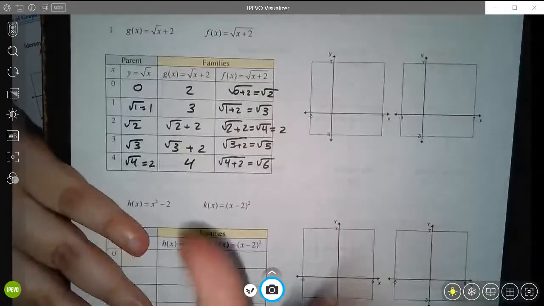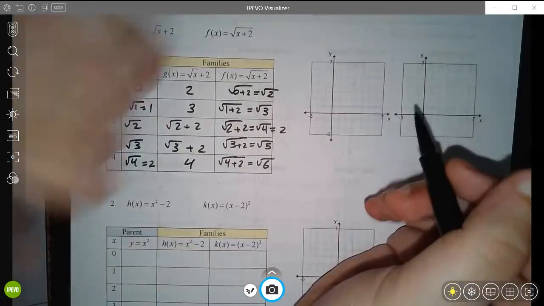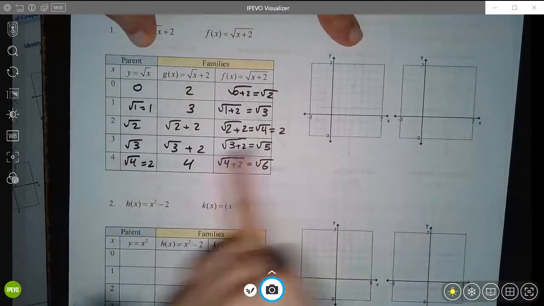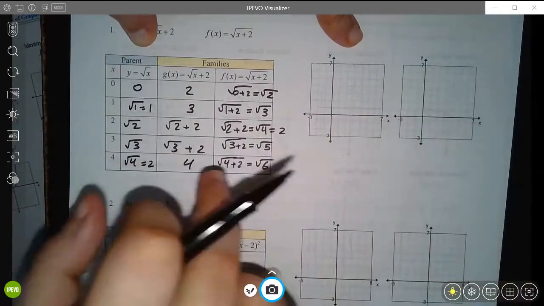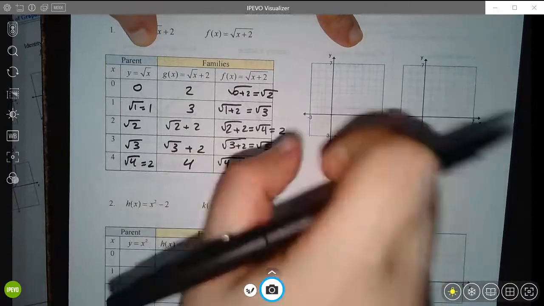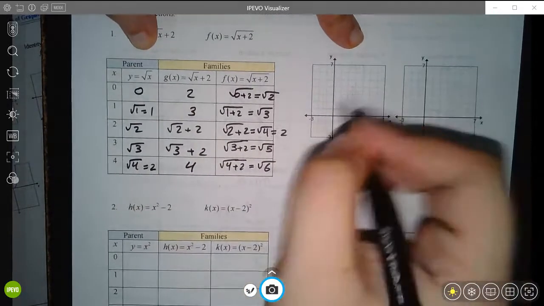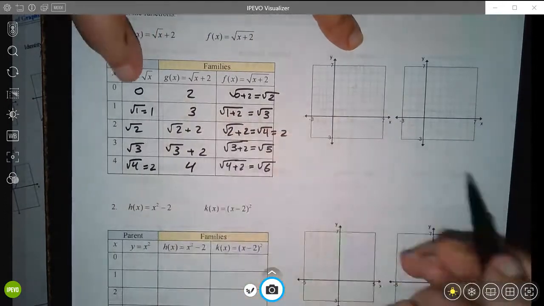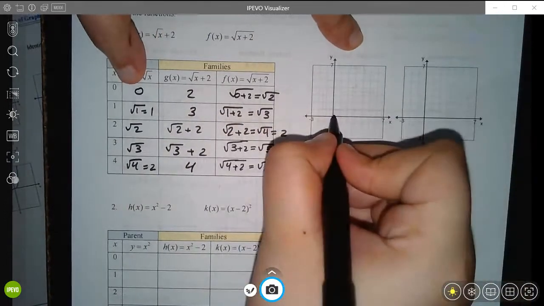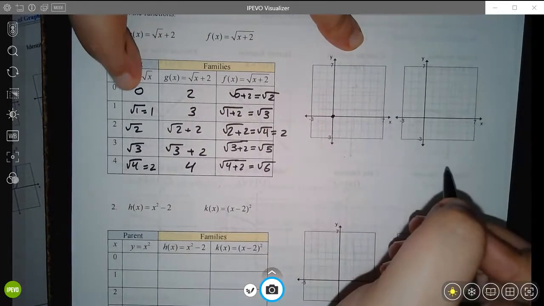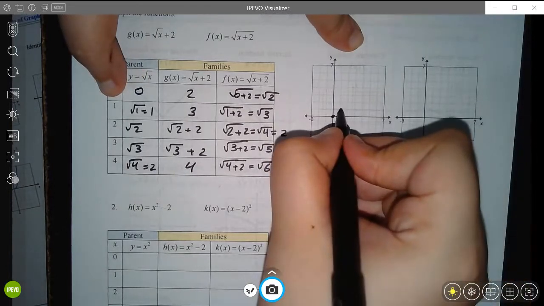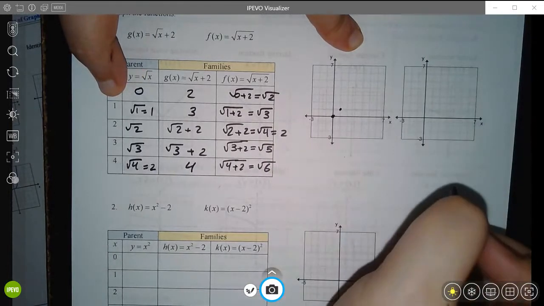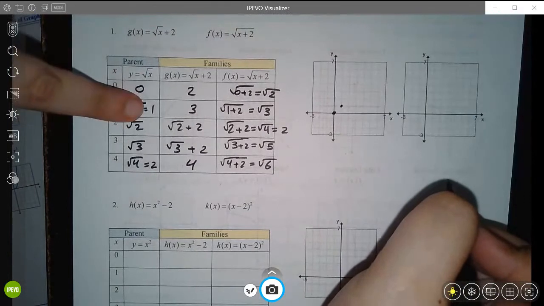Anyway, so we're going to graph these. Ready? Okay. So I'm going to try and graph my parent function twice, and then do each one of these on their own square. Okay, let me see. So for the parent function we have 0, 0. So we're going to start with that one. And then we have 1 and 1, which is right here. And then we have the point 2 and the root of 2.